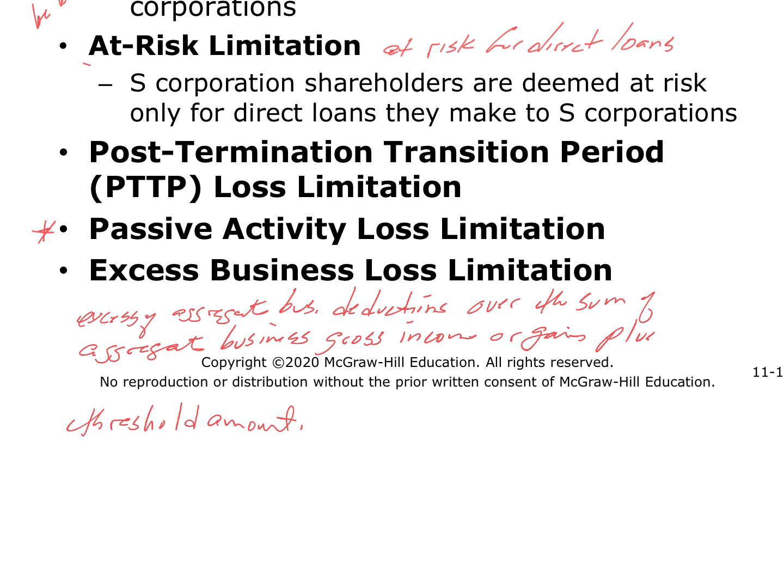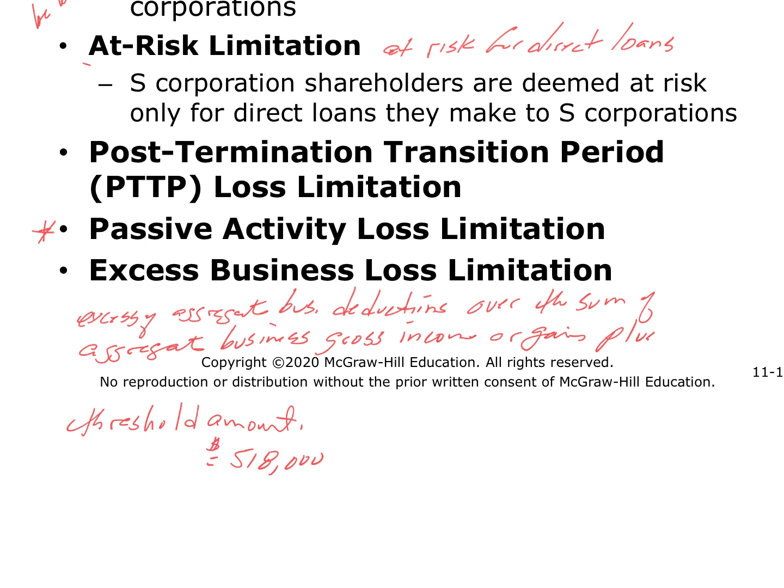So let's talk through that. Your excess business loss limitation is the excess amount of aggregate business deductions over all of your business gross income or gain plus a threshold amount. And this year, the threshold amount is $518,000.